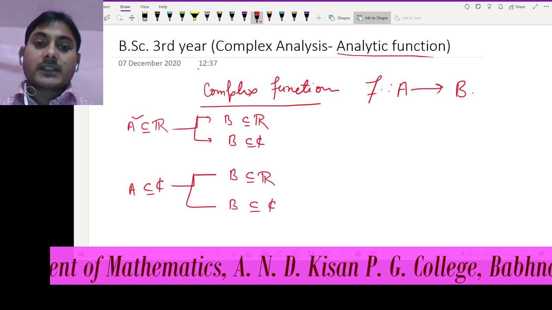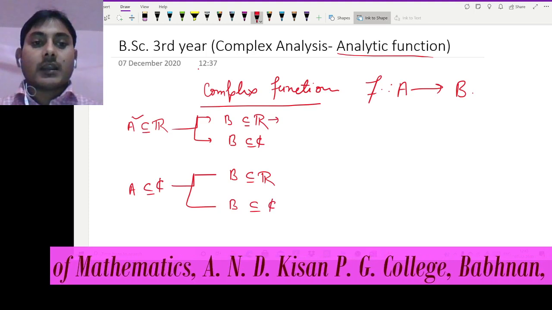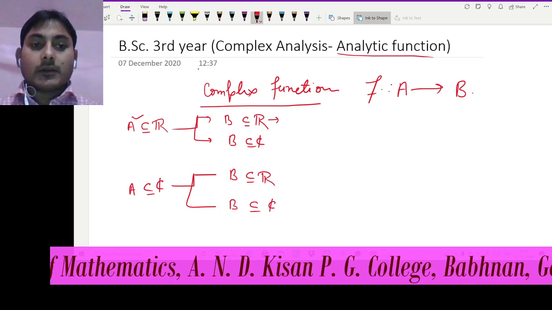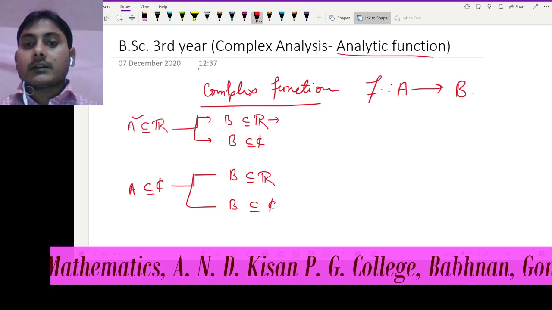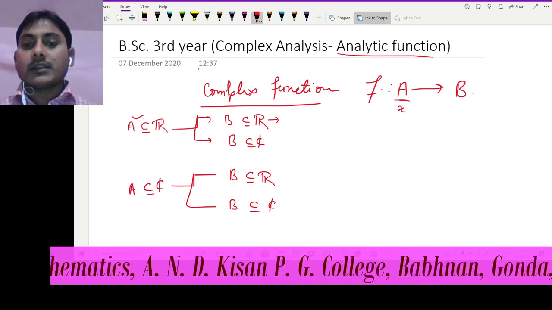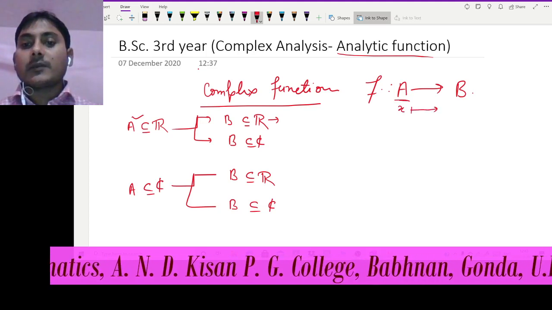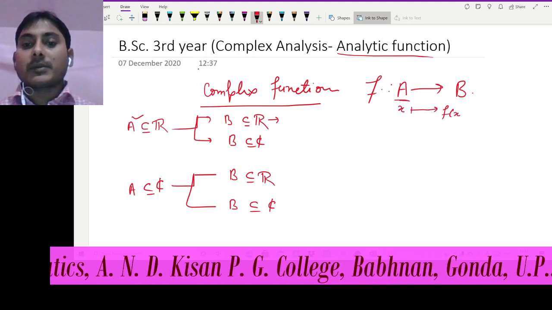So what do we say in each case? In the first case, because A is a domain, the variables are coming from here, and this variable maps onto f of x under this mapping.